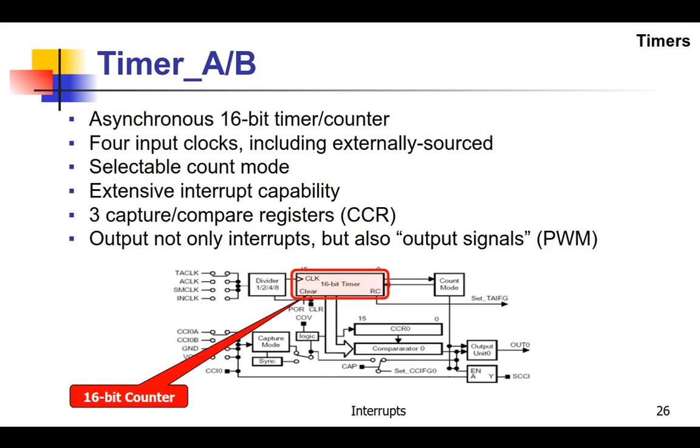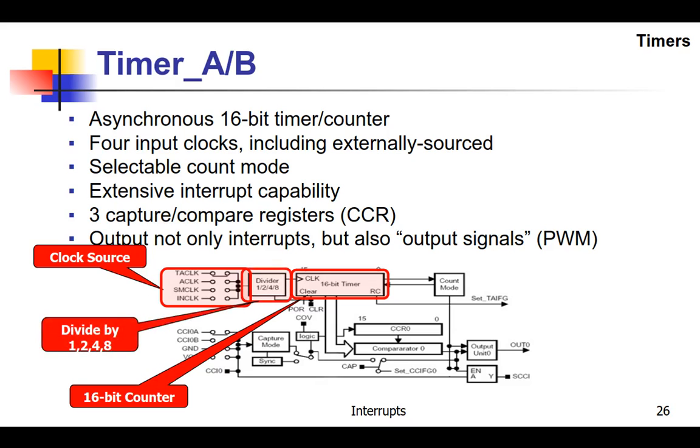So let's look at the block diagram down here. We have a counter, a 16-bit counter. Basically, a counter is a logical circuit that counts up to a certain number, and it remembers the count. Then over here we have the clock source, which you can select which one you want to be used. This would be done with a multiplexer.